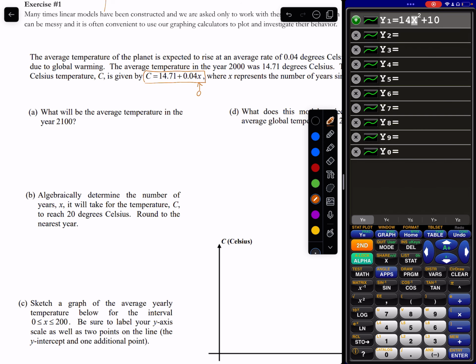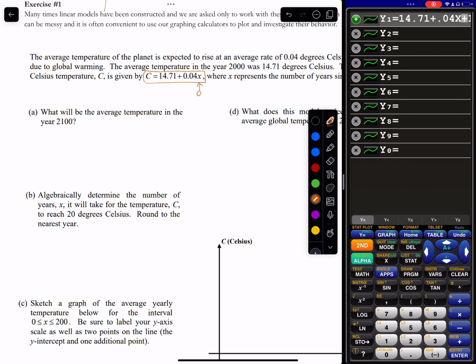So I've got 14.71 plus the rate of change, which would be 0.04 degrees in each year. Now you can take a look at this in our calculator, or we can substitute the values in by hand. So what would the value be in the year 100?